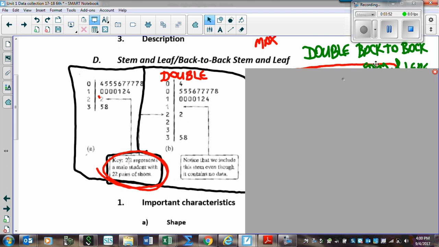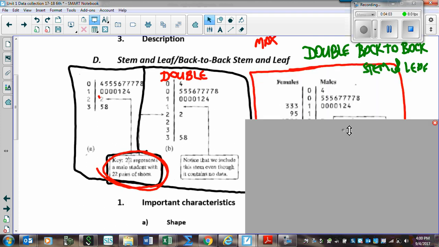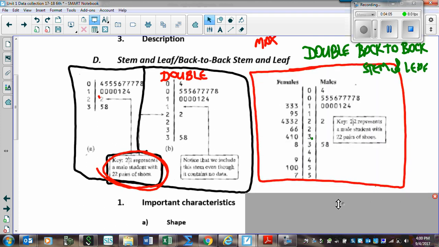Now, I'm going to look at a double back-to-back stem plot. Okay, and so a back-to-back stem plot is evaluating 2 different groups. On the right are the males that we've just been looking at, and this is a double stem plot. This double stem plot looks just like the double stem plot with all the values.